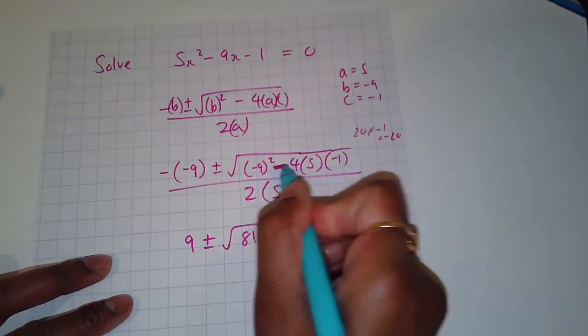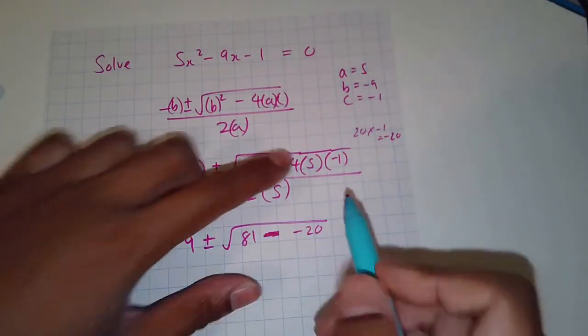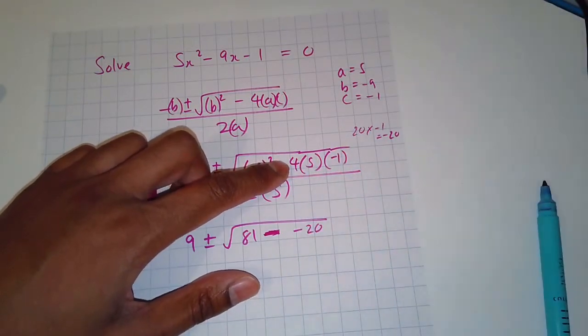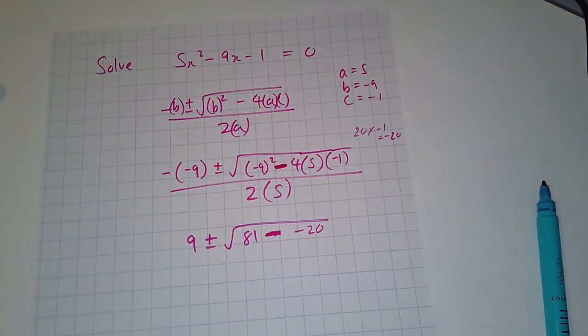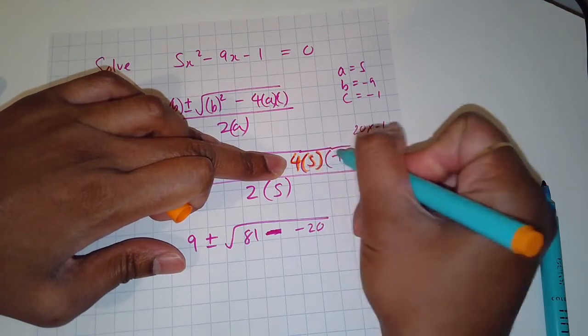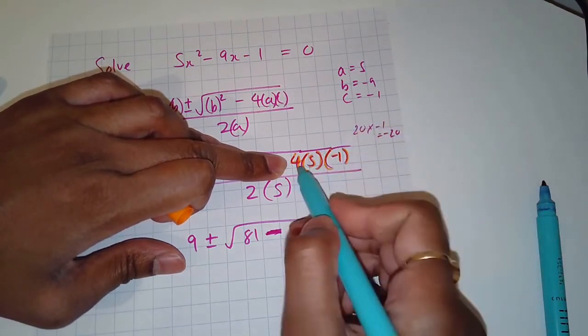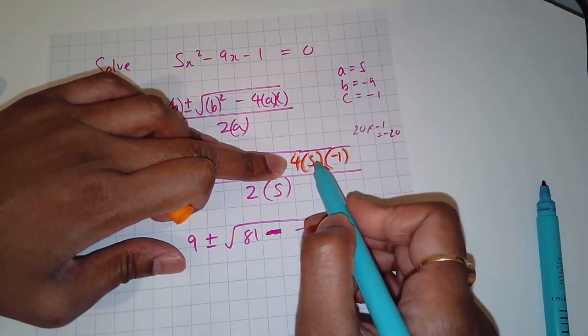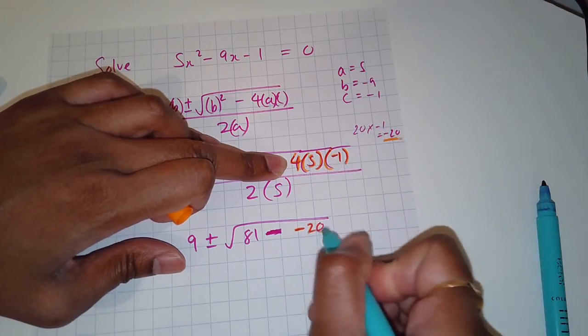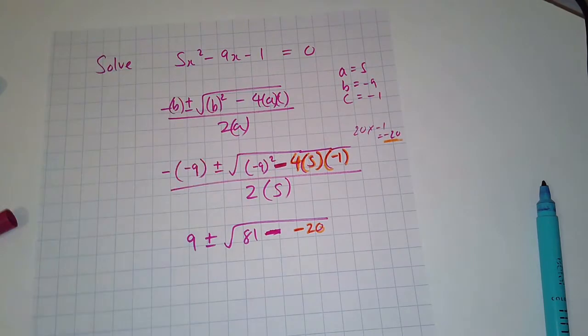That there is actually this one here. And all of this here, in fact, I can do it in a different color. All of that there, 4 times 5 is 20, 20 times negative 1 is negative 20, is that bit there.